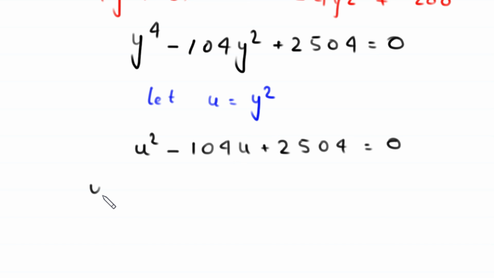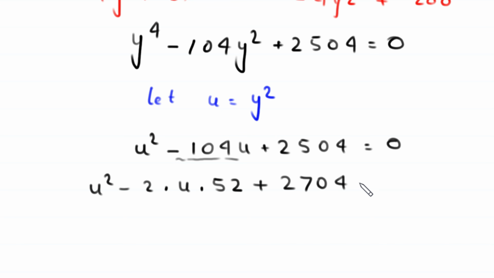We write this u squared, and negative 104u can be written as negative 2 times u times 52. To complete the square, we add here 52 squared. 52 squared is 2704, and we also subtract 2704 plus this 2504 equal to 0.